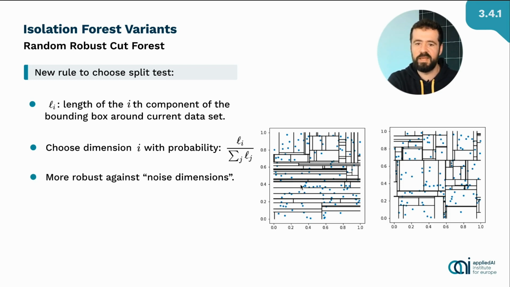This is something that can be seen in the example on the right. The left image is from the original implementation, while the right image comes from the random robust cut forest. And you can see that the tiles generated by the random robust cut forest are much more balanced than the ones that the original implementation generated. You see these long, thin areas that were created by the original one, such areas are way less present in the random robust cut forest.